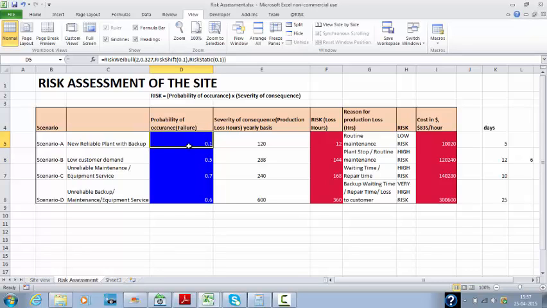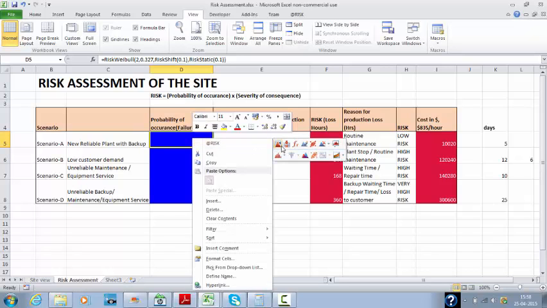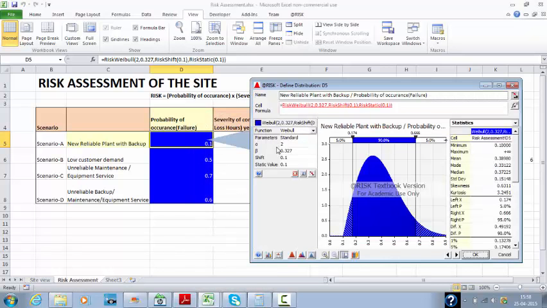I've defined the Weibull distribution for new plant reliability. We can have a look at this. Just click on it, and as you can see here, I've chosen an alpha of 2 and a beta of 0.327. This is the Weibull distribution I've chosen. It's within the range of about 0.1 to 0.7. 90% is about 0.18 to 0.68.